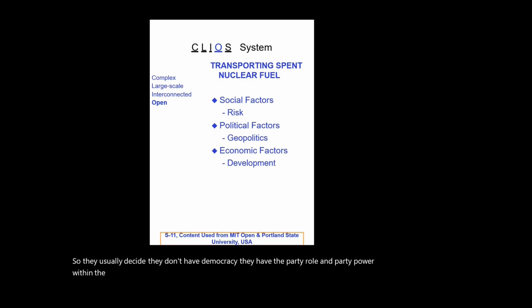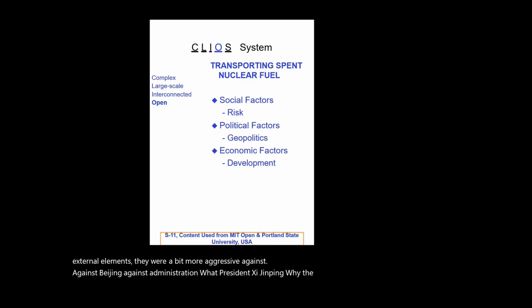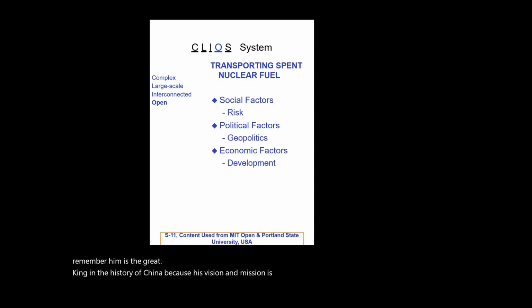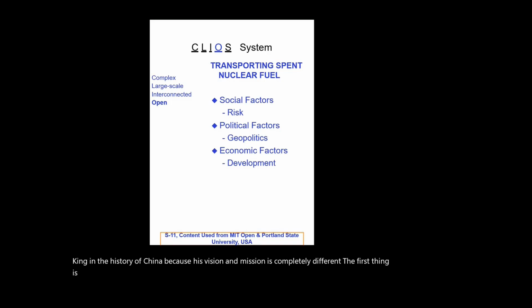Before Xi Jinping, those people, those elements, with the help of other external elements, were a bit more aggressive against Beijing, against the administration. Why will history remember President Xi Jinping as a great king in the history of China? Because his vision and mission is completely different. The first thing is he had a PhD in political science.